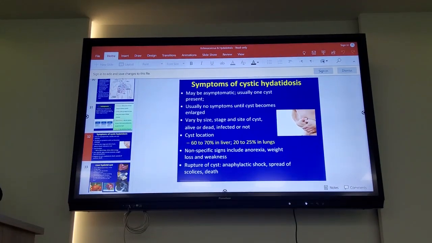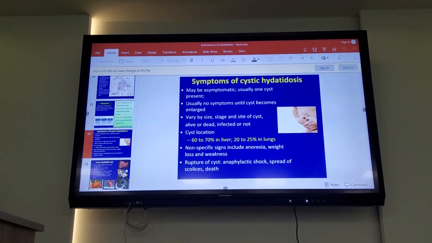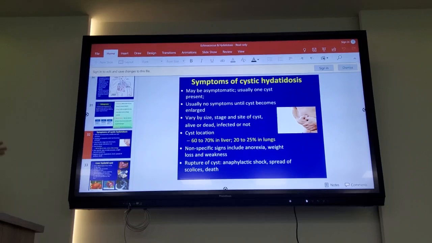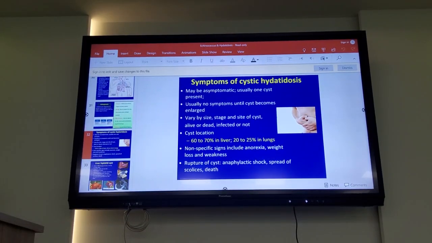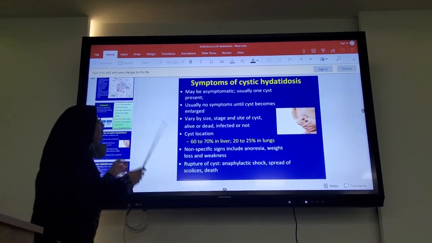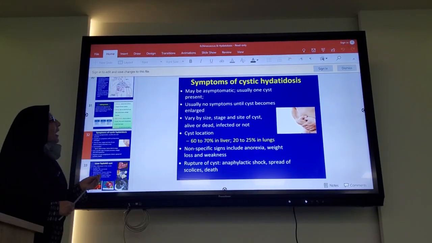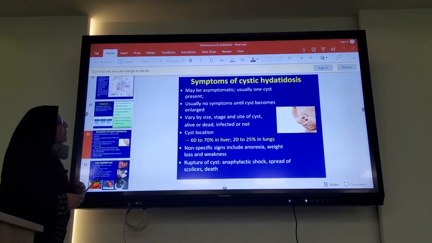The symptoms: if somebody is infected with the larval stage of Echinococcus granulosus, or hydatidosis, the symptoms partly depend on the site of the infection, whether in the liver, the eye, or the brain. So sometimes they have general symptoms and some specific symptoms.